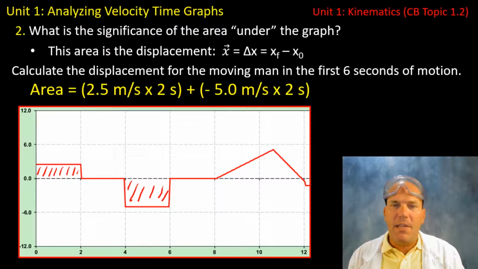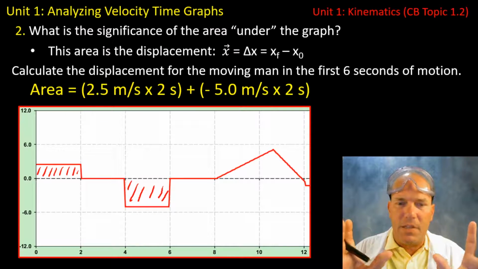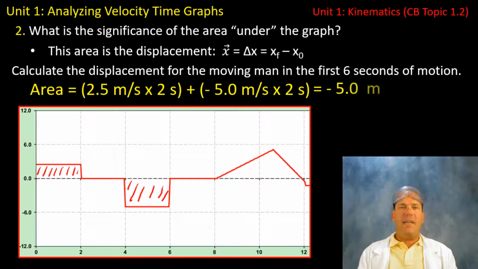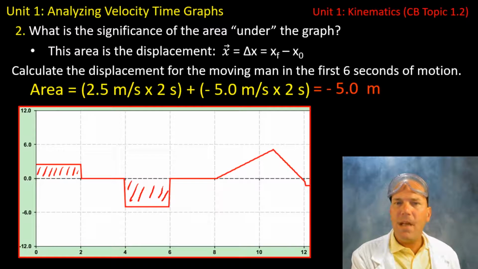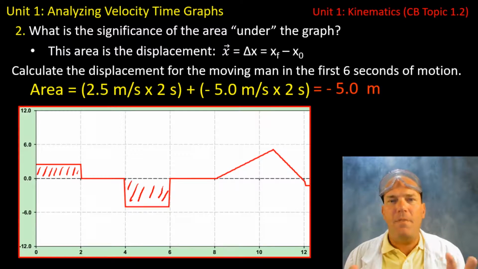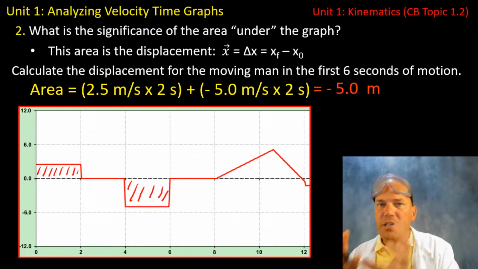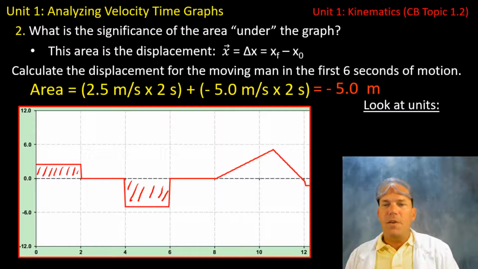So base times height plus base times height. I have these two areas of these rectangles, and I'm now going to add them together. That is going to give me a value of negative 5.0 meters. And that is the change in position or displacement for the moving man.